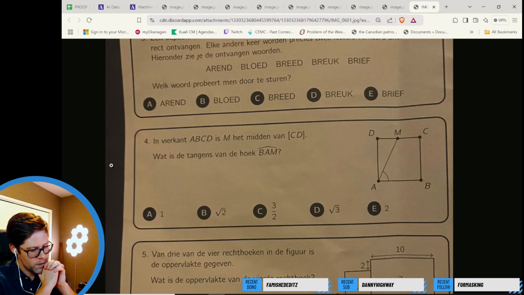Okay, so square ABCD, M. Does that say M is the midpoint of CD? Okay, so if M is the midpoint of CD, what is the angle measurement of BAM?